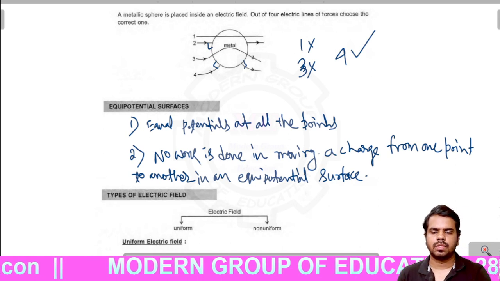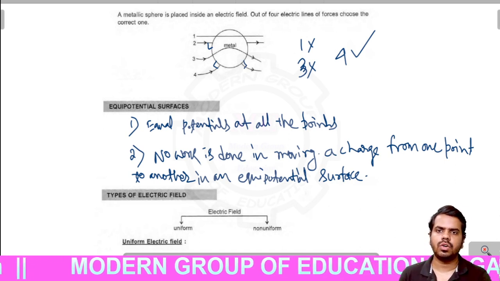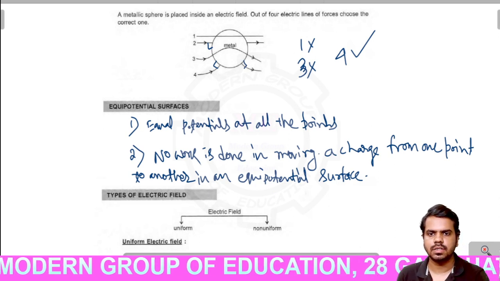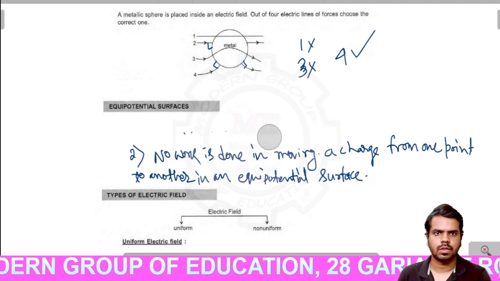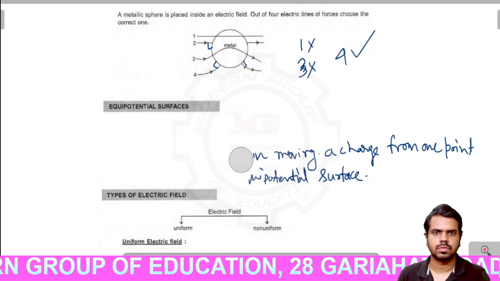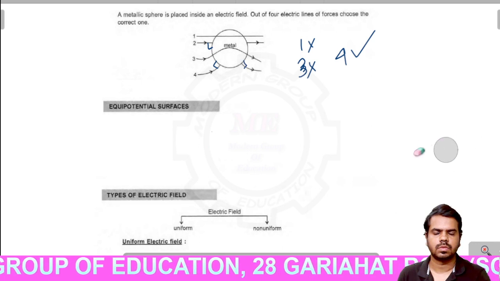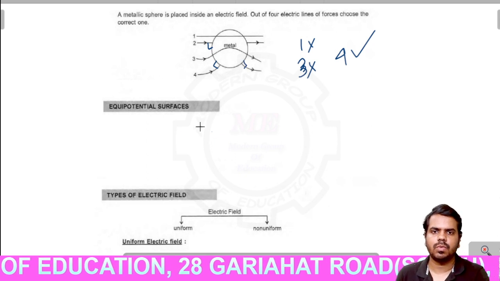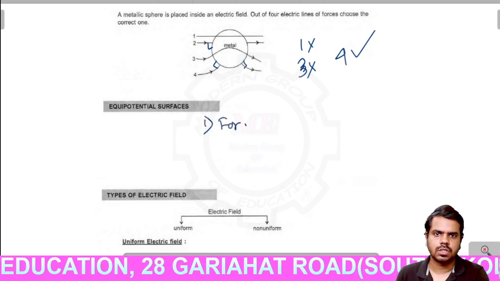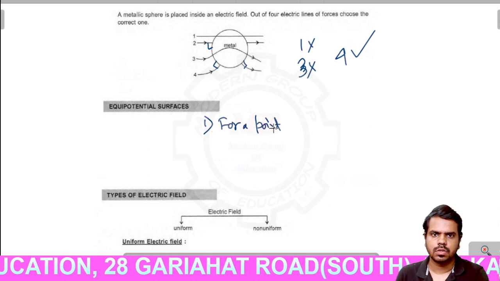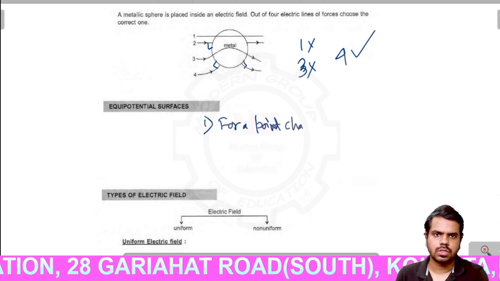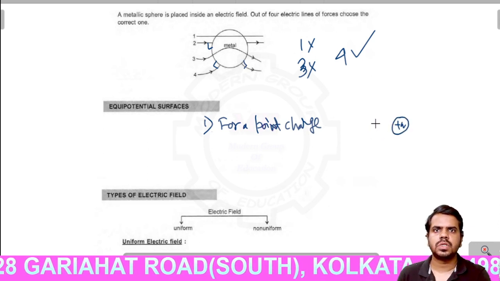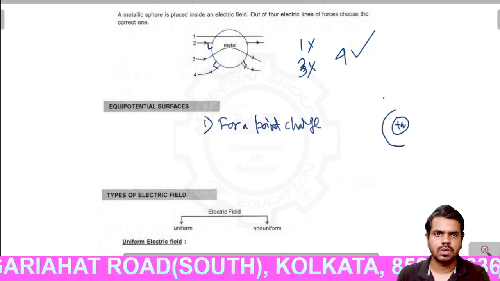Now, there are some types of equipotential surfaces. Number 1, so please write this down. For a point charge, say this is a point charge, the equipotential surface will be spherical in nature.